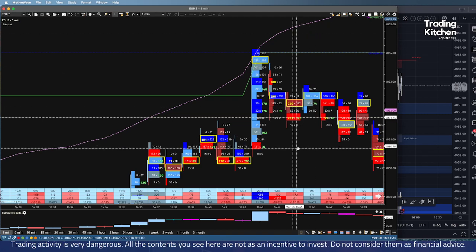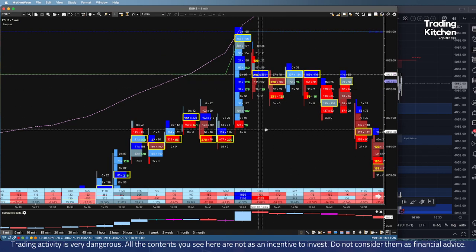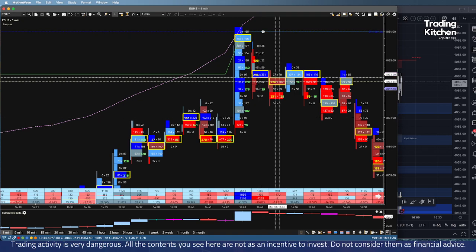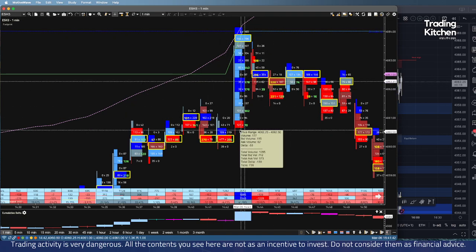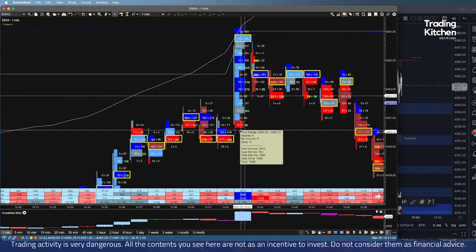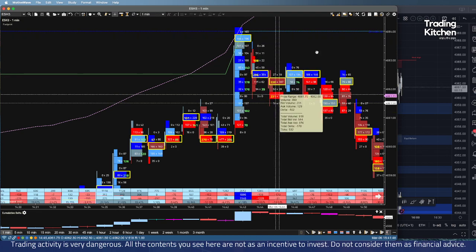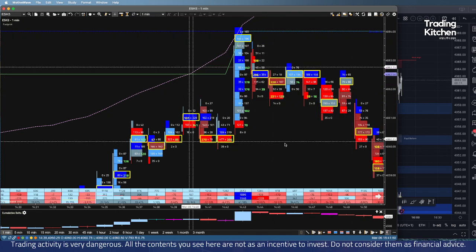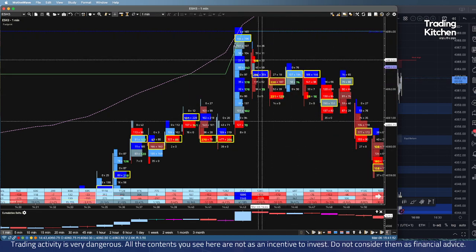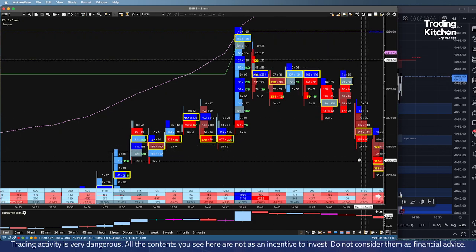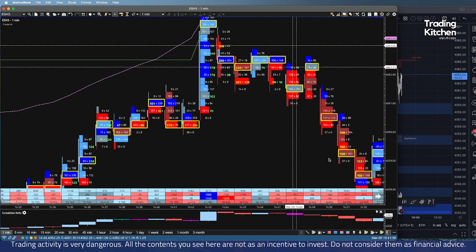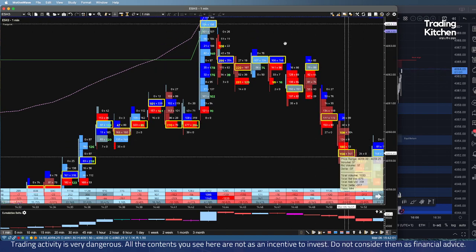That didn't come. Why? Because all this volume, all these buyers became trapped buyers. Immediately price moved down, breaking the last climax, switching the POC, and this is a clear trend reversal.